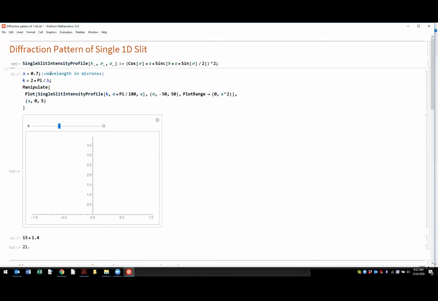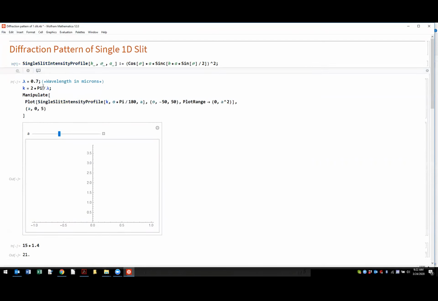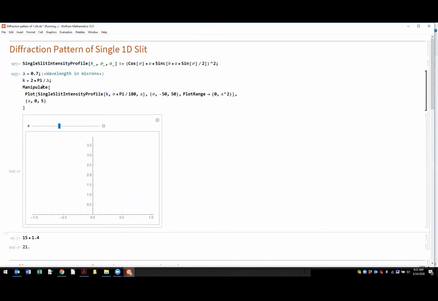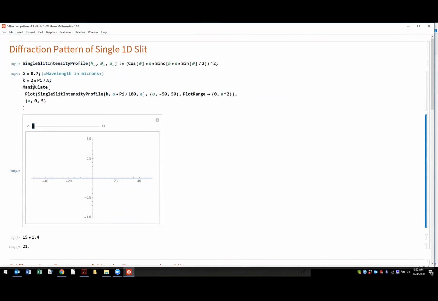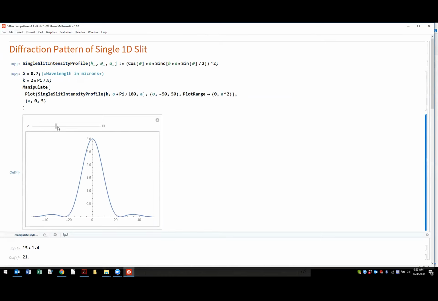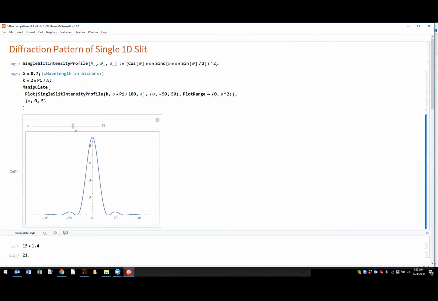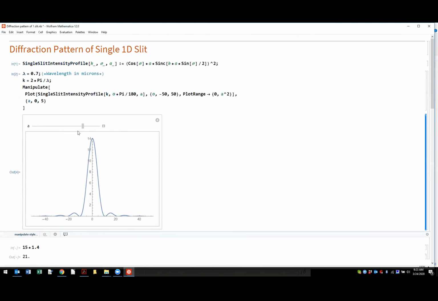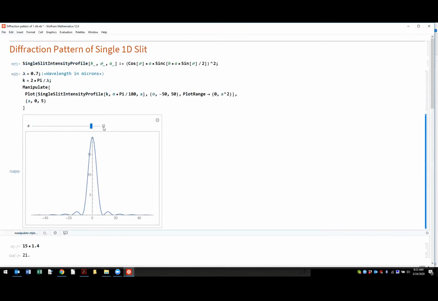So I've defined a function here that calculates the intensity profile. And we fix the wavelength. I've chosen 0.7 microns for now. And as we increase the slit size, you see that indeed the function gets narrower, right?